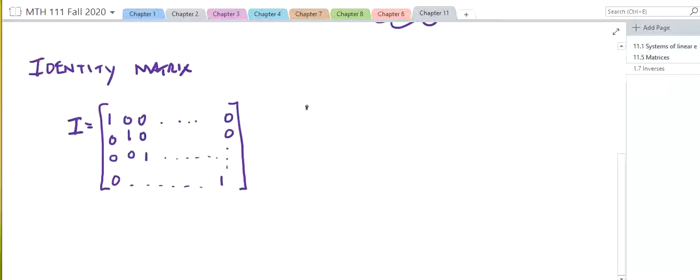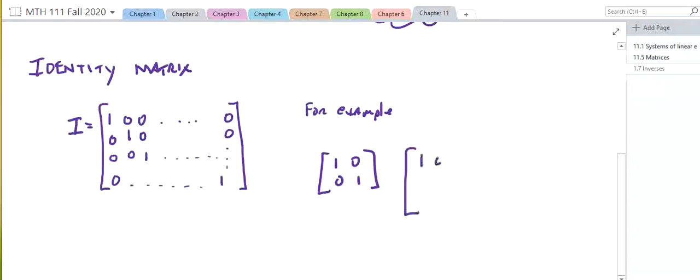For example, let's look at a smaller matrix. Let's look at a 2 by 2. A 2 by 2 identity matrix would look like this. And a 3 by 3 identity matrix would look like this. So on and so forth. We can make them bigger and bigger and bigger.